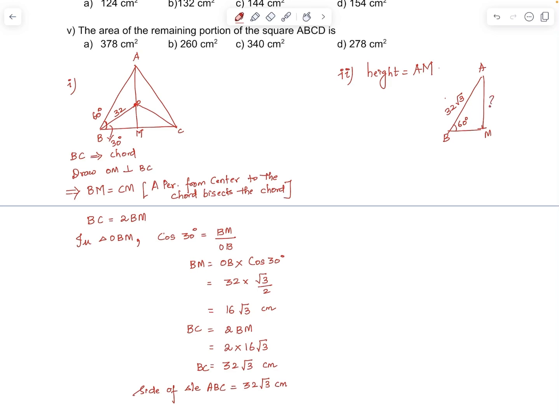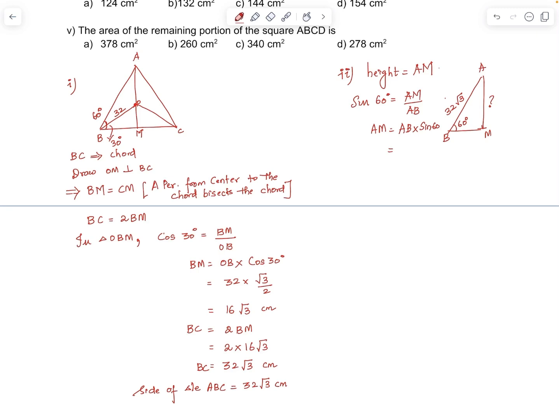Since we have to involve opposite and the hypotenuse, we'll use the ratio sine. Sine 60 equal to AM by AB. AM is equal to AB times sine 60.